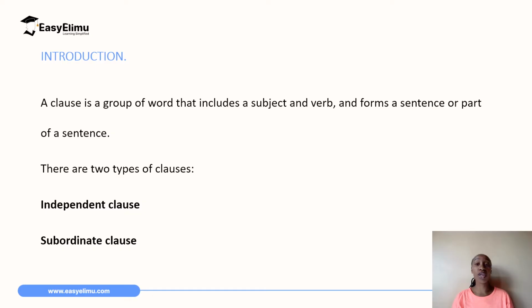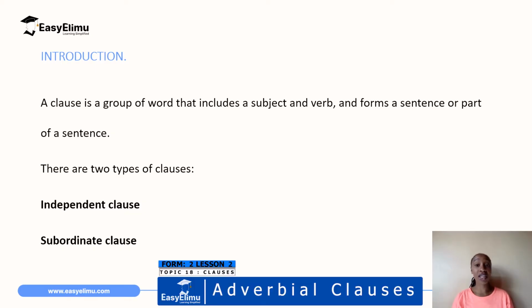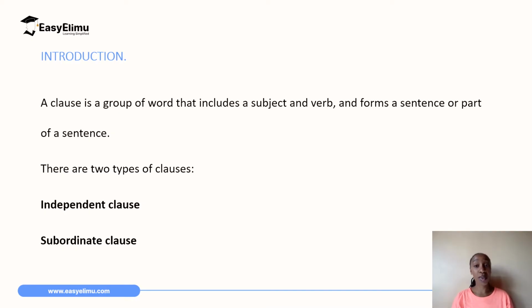So before we go into adverbs and adverbial clauses, let us remind ourselves what a clause is. Remember when we learned about compound sentences and complex sentences, we learned about clauses. We introduced clauses there. And we said that a clause is a group of words that includes a subject and a verb and forms a sentence or a part of a sentence.